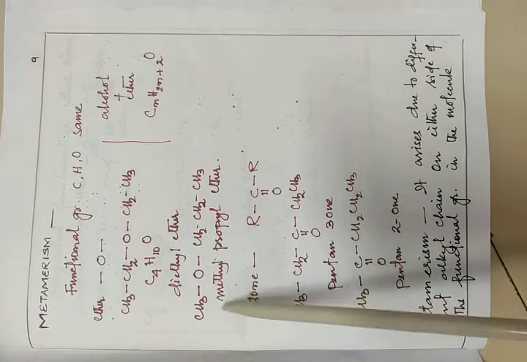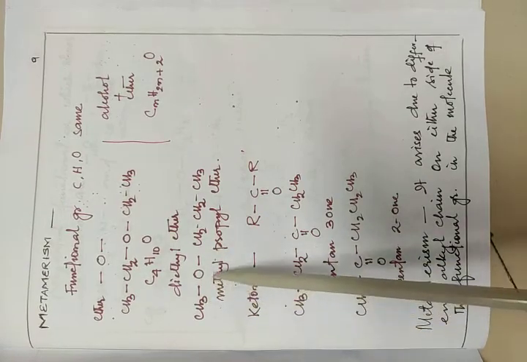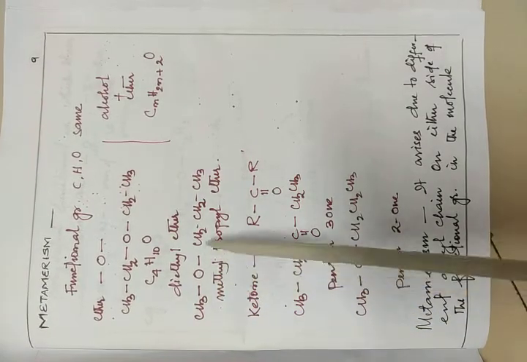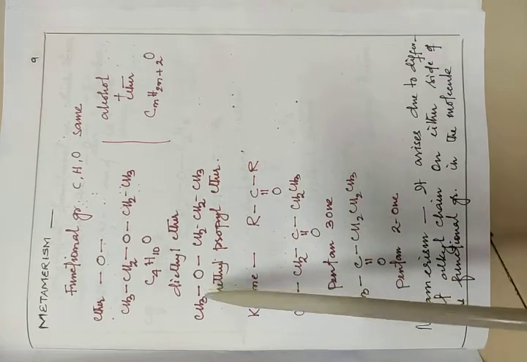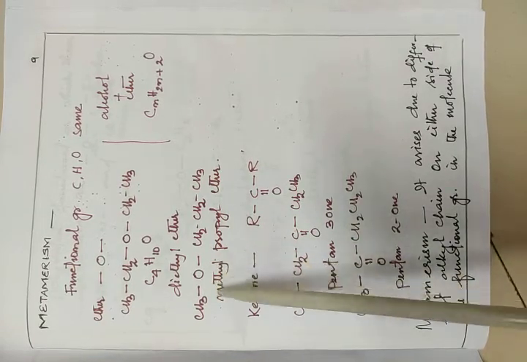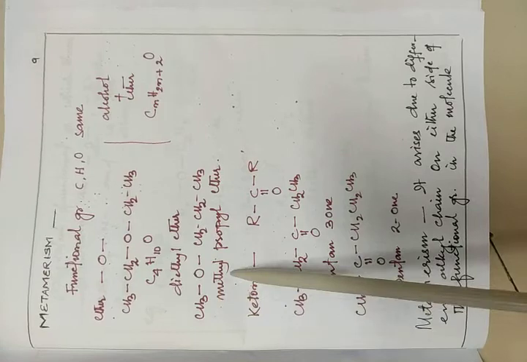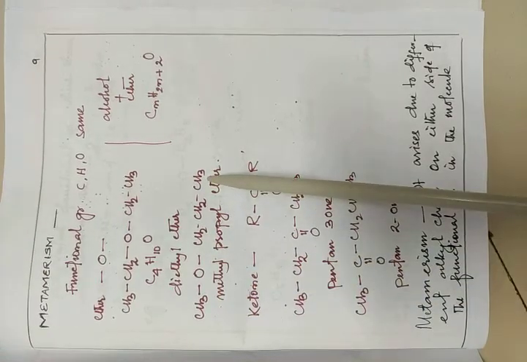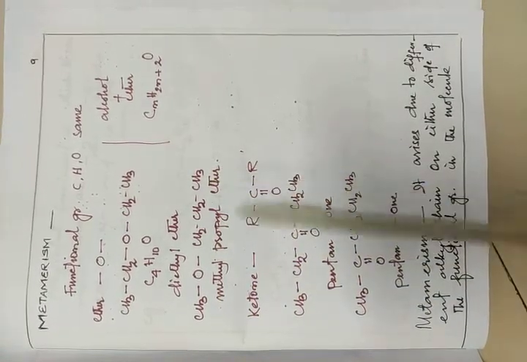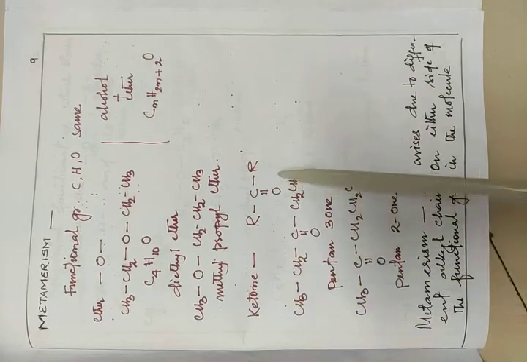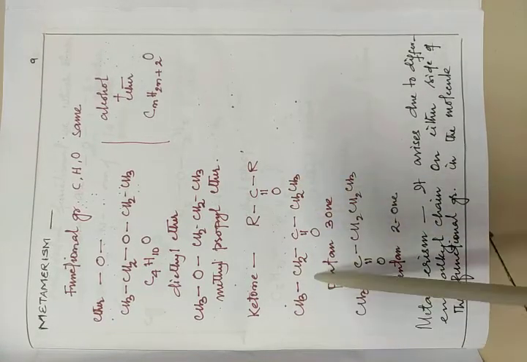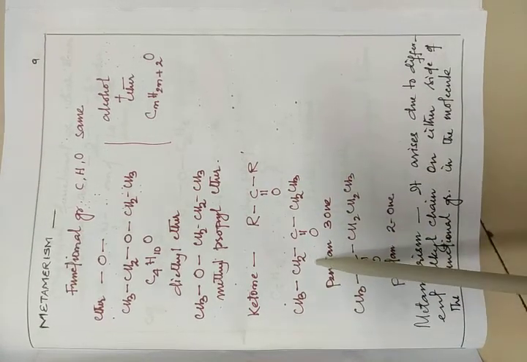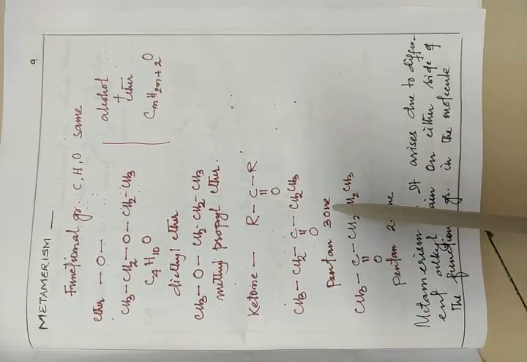Then next is also ether, CH3, O, then C is this. So according to the alphabetical order, we just give here methyl is attached, methyl, then how many? 3. Then propyl, ether we will give. Now ketone. Though this ketone here pent, then 3-one.